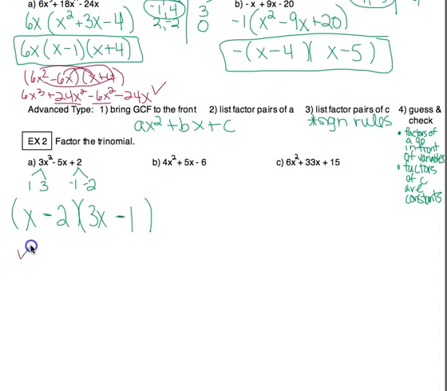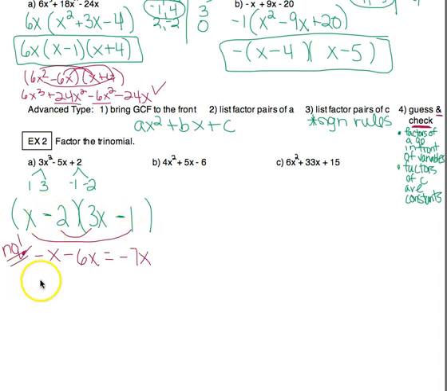When I go to check this, I would get on the O and I part, which is what I really need to check, negative 1x and negative 6x, which is negative 7x. So this is a no. This doesn't give me the negative 5x that I want. So that's why we call it guess and check. Don't forget the and check part because this one isn't right.